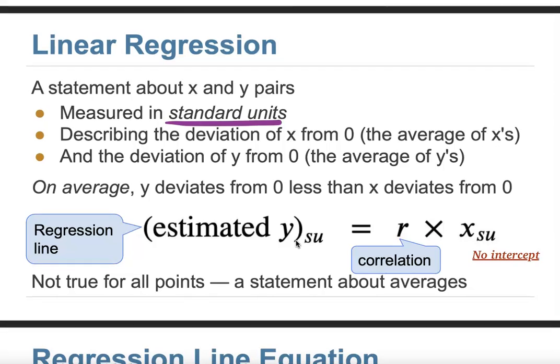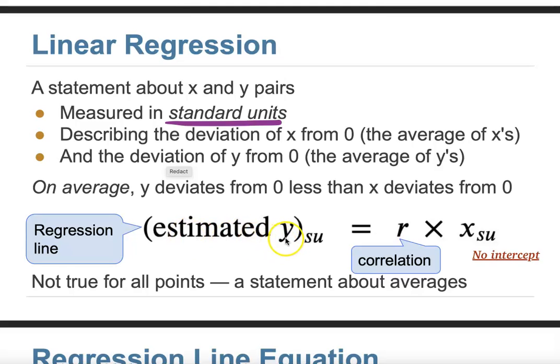So in real life, if we don't want to change to the standard unit, how do we get our regression line in the original unit? In order to get a regression line for the original unit, what we can do is just convert back.